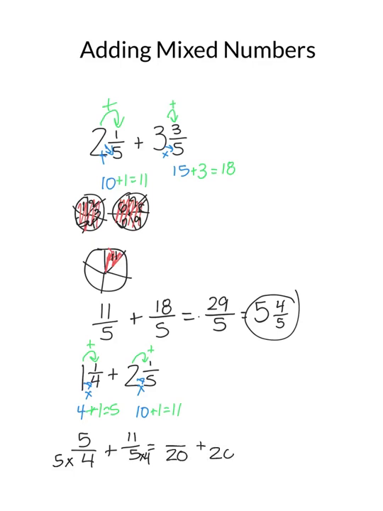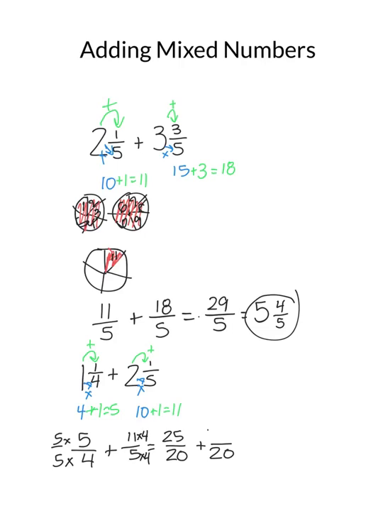So I'm going to have 2 new fractions with 20 in the denominator. So over here in this first fraction, if I multiplied the bottom by 5, that means I need to multiply the top by 5 as well. So 5 times 5, 25. Then over here in this other fraction, I multiplied the bottom by 4, so now I need to multiply the top by 4.